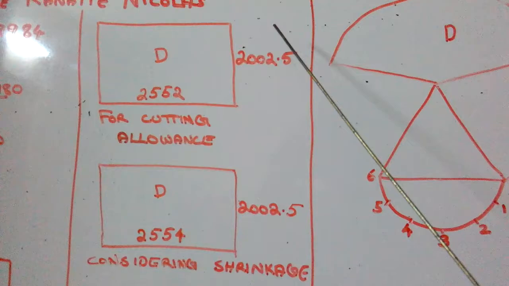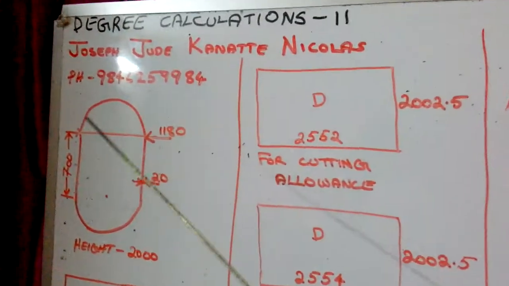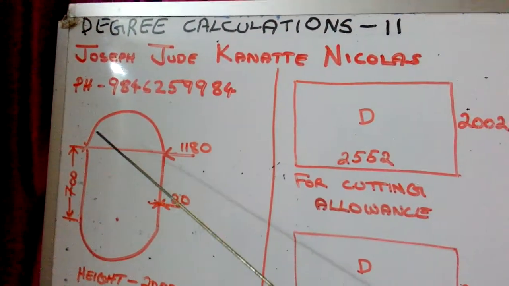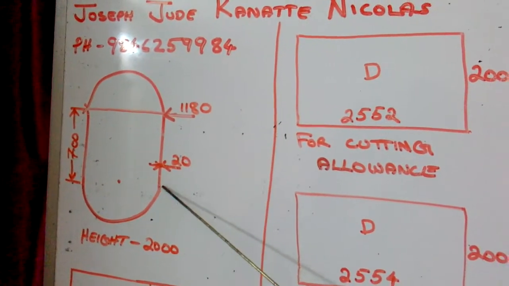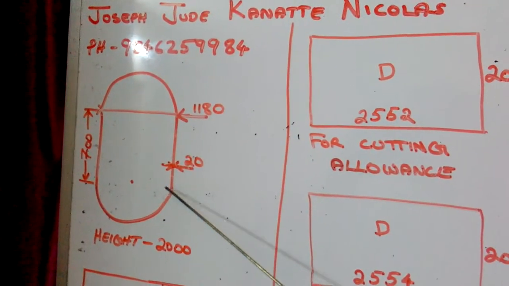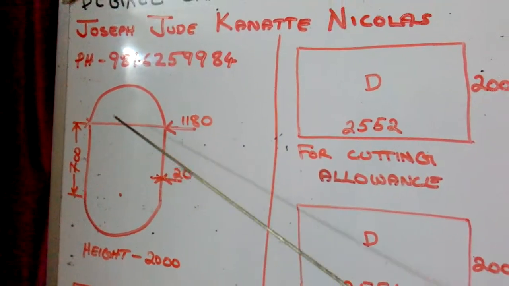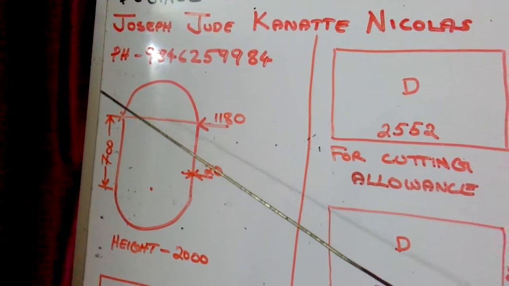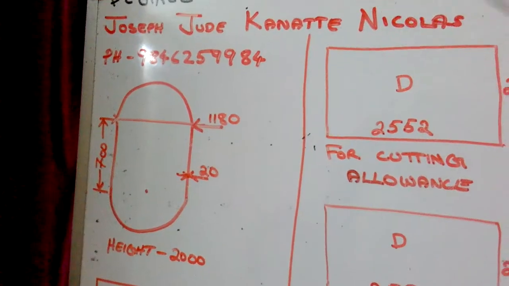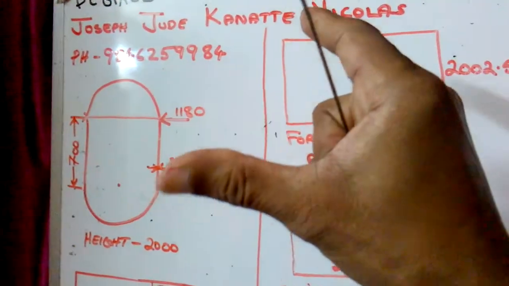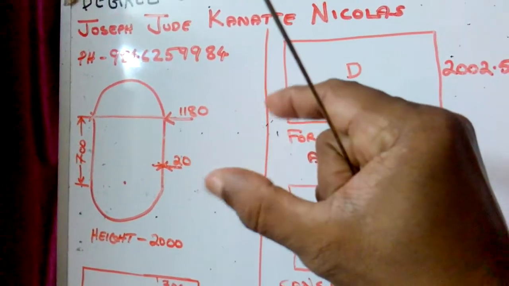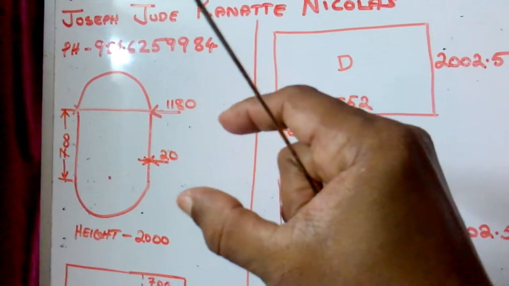Then we also have to think about one thing. After tacking, after welding, what will happen? When we weld in this portion, there is a welding here and one welding comes here also. When you start welding, at that time itself this 4 mm gap will come inside.